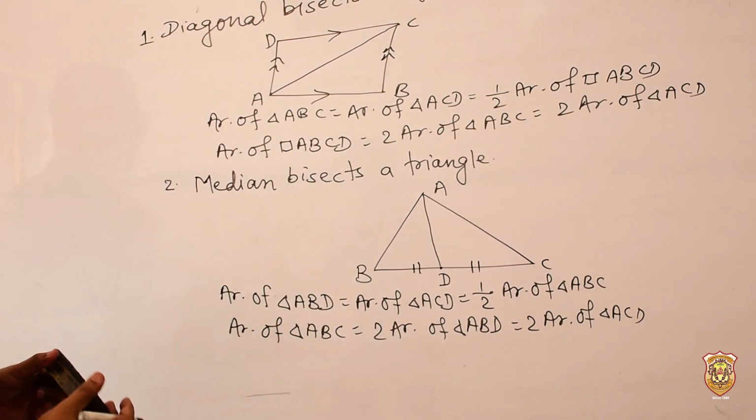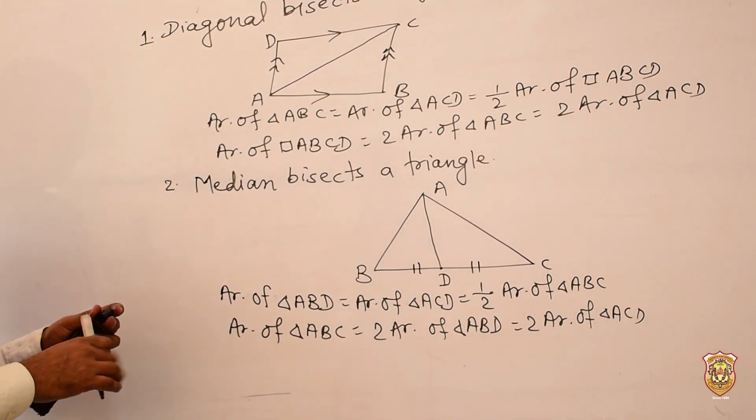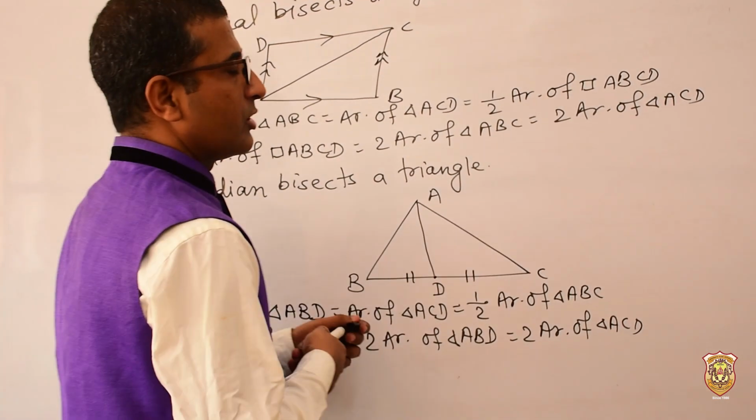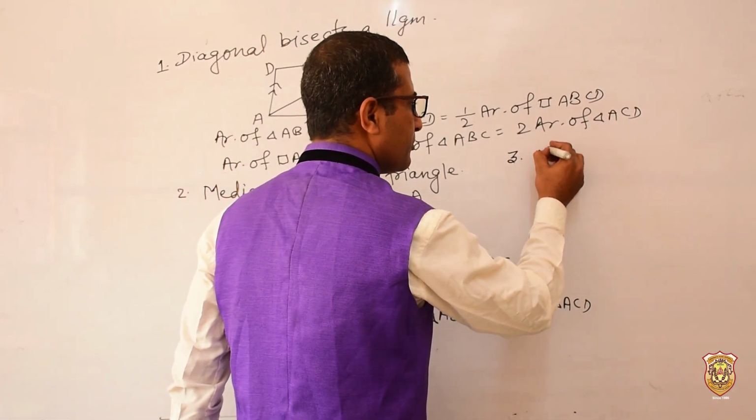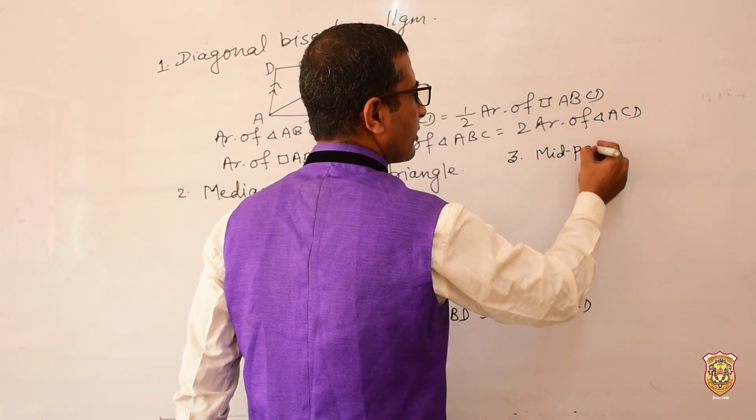And what you have completed in class 9, these 2 theorems you must keep in your brain, as they will be frequently used. That's the midpoint theorem and its converse.